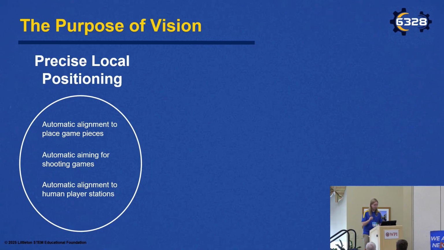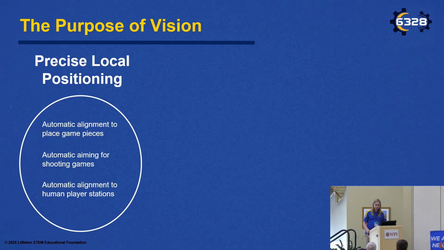This is super useful for automatic alignment to scoring targets, both for pick and place and shooting style games. This also doesn't need to be particularly complex. I'll show some examples in a moment. And keep in mind that when we say precise local positioning, that can really mean all sorts of different things. For some games, you might need under an inch of precision to reliably score. But for example, in 2024, if we were within 6 inches of our target, that was plenty close.